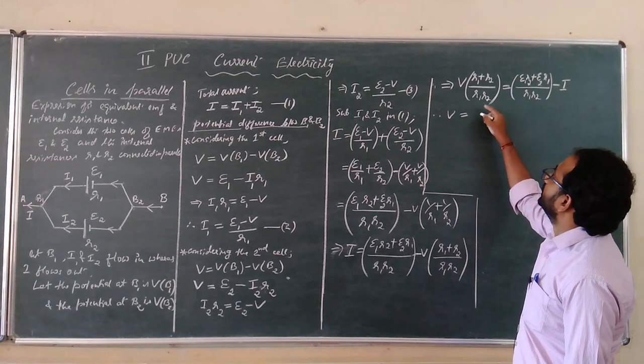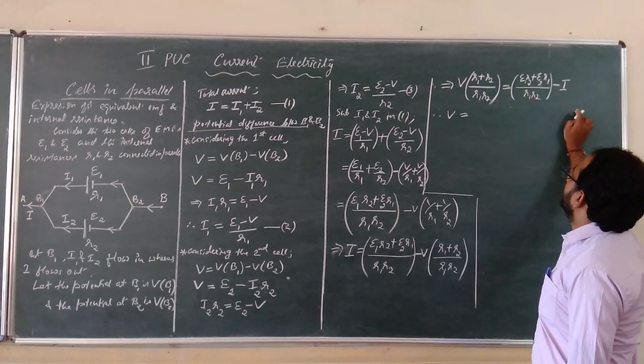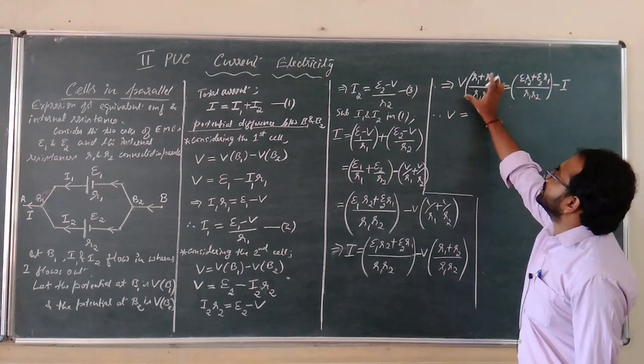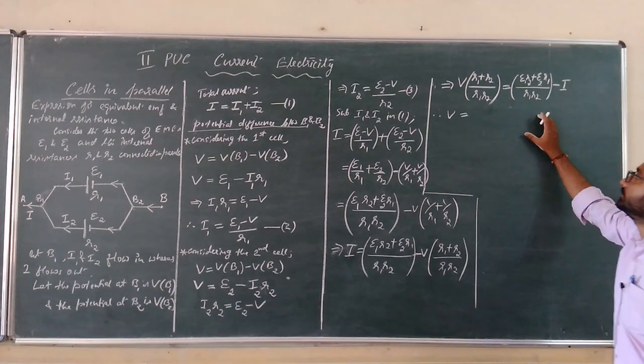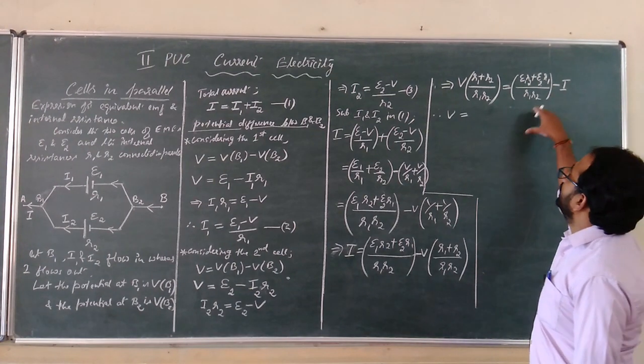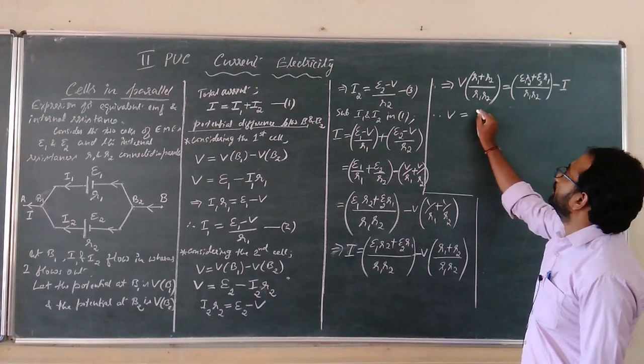So V is equal to, so this value is divided by this value. This value comes to the denominator. So you have to do the inverse multiplication with the RHS.